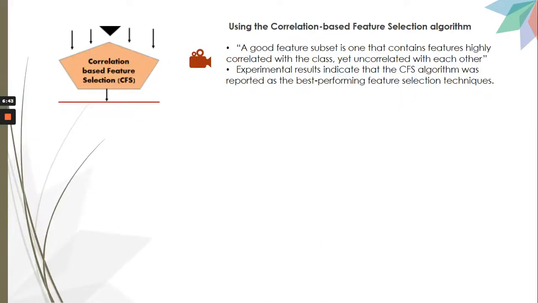After applying the correlation-based feature selection algorithm, we determine which features globally and consistently appear in the optimal set of features.